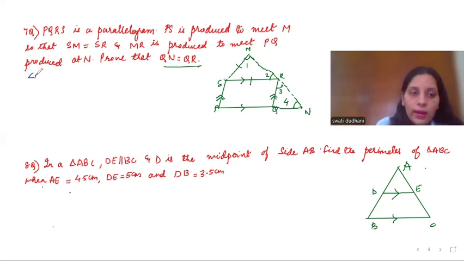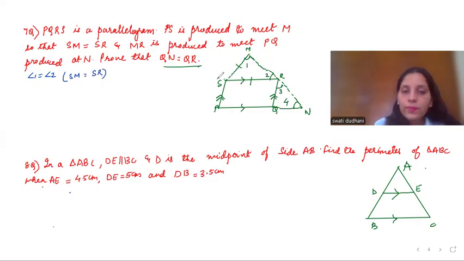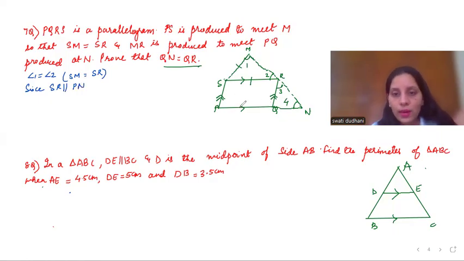Here, angle 1 and angle 2 are equal because SM is equal to SR, right? If the sides are equal, their opposite angles will be equal, correct? Now, since we know SR is parallel to PN, it is parallel to PQ, so definitely it will be parallel to PN.